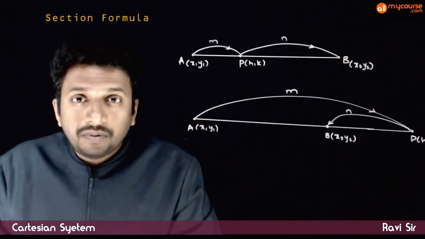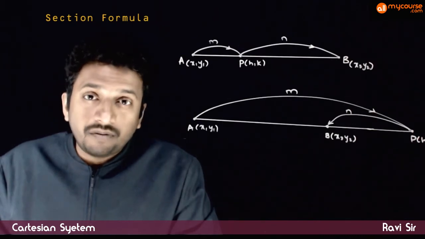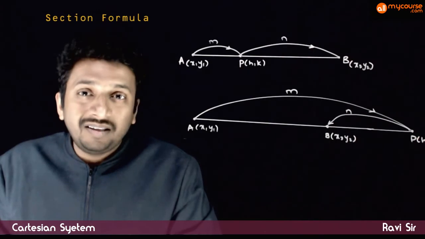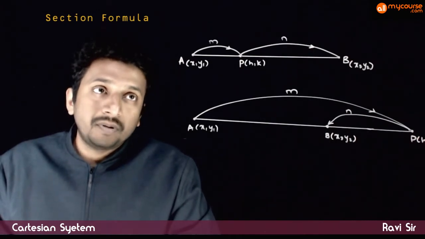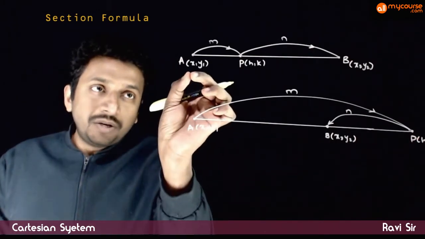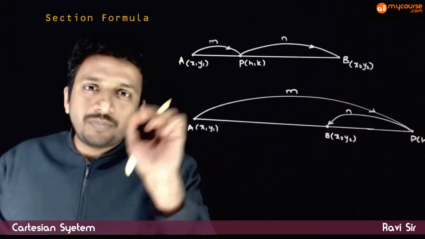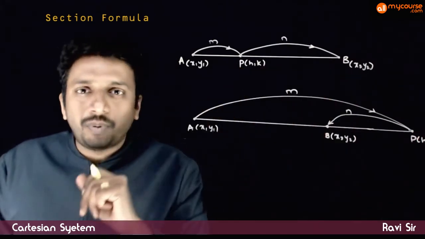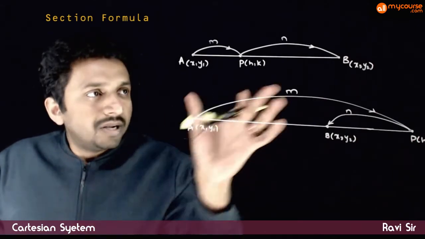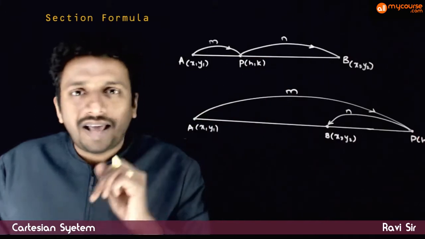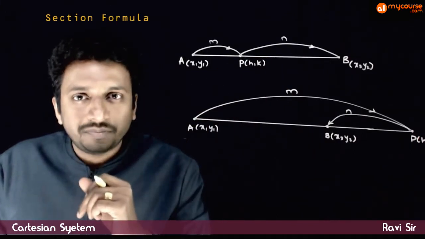In this video, let us look at the topic of section formula. So what do we deal with in this topic? Assume that you have 2 points A and B. A is the point (x1, y1), B is the point (x2, y2). Let us join them, so you get the line segment AB.